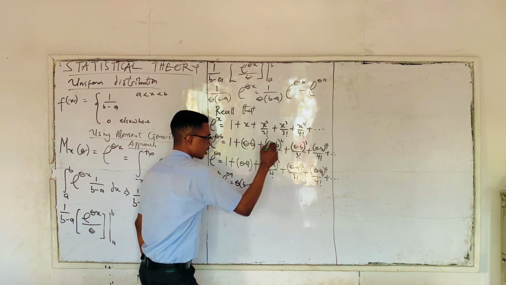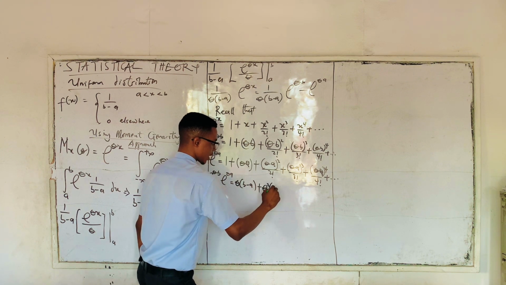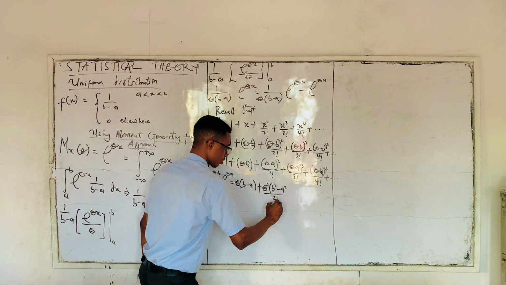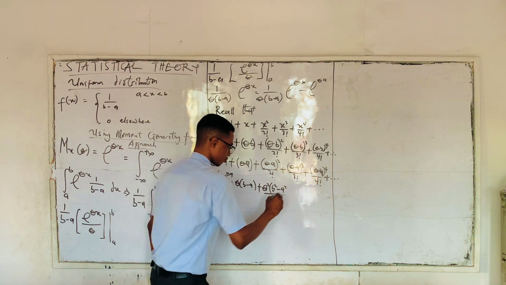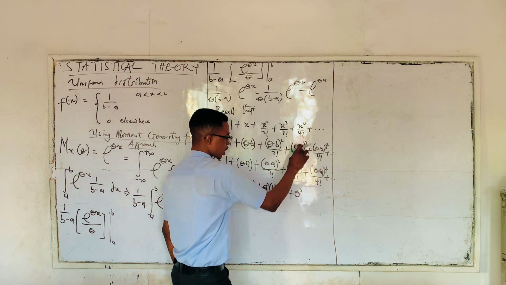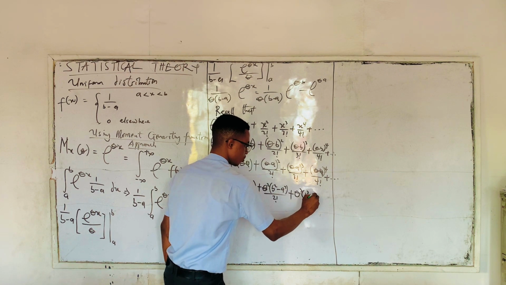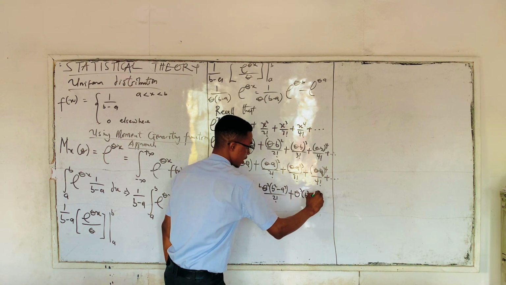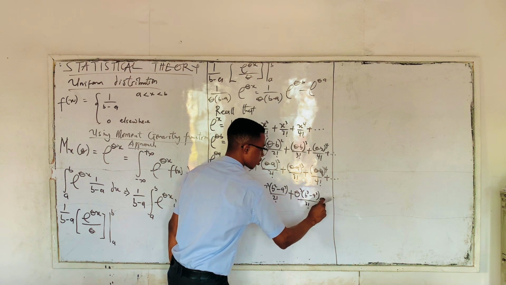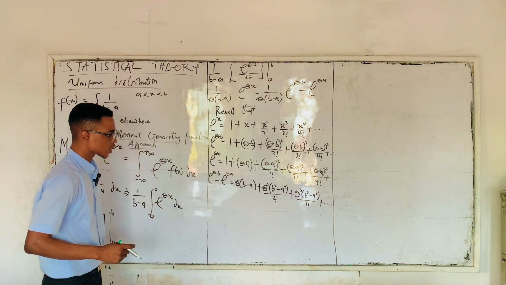Plus theta squared is also common: theta squared into brackets b squared minus a squared over 2 factorial, plus theta cube, which is common, into brackets b cube minus a cube over 3 factorial, all till infinity. That is what we get.